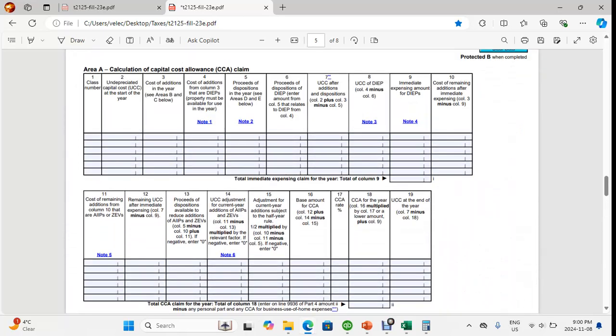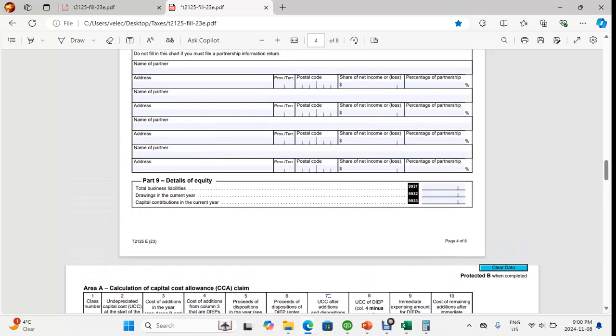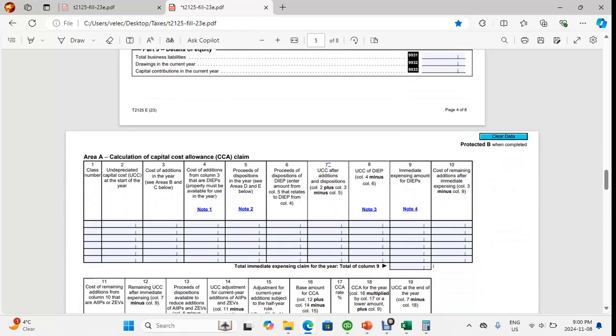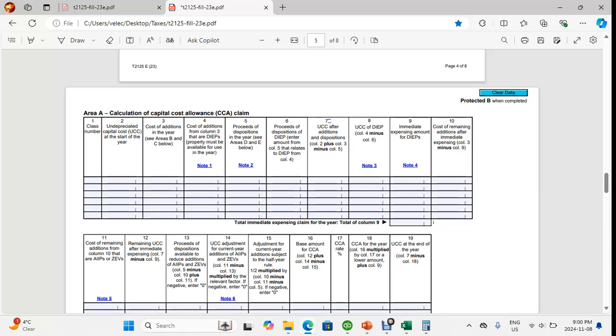All right, we now move on to Area A. Area A has to do with capital cost allowance, or CCA. When it comes to CCA, you may have a property that you added to your inventory, for example a capital property such as a motor vehicle, a building, or equipment.